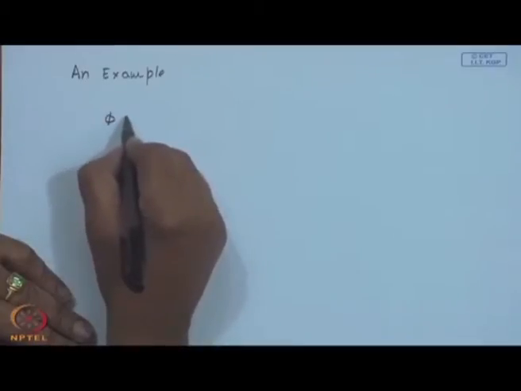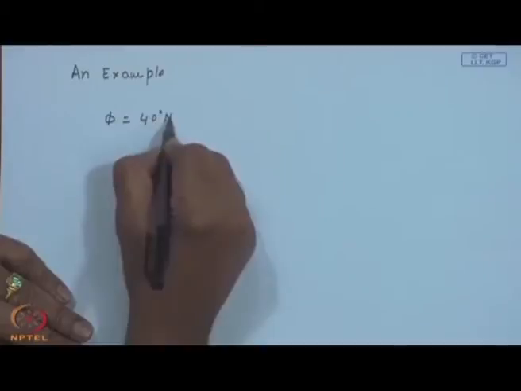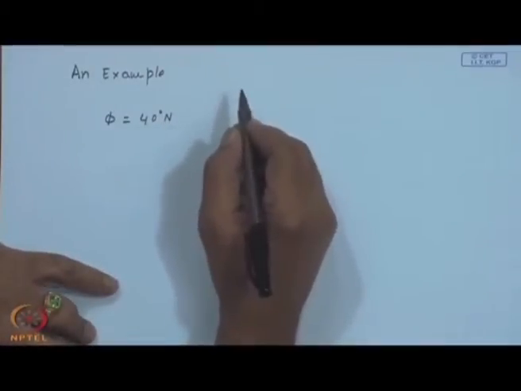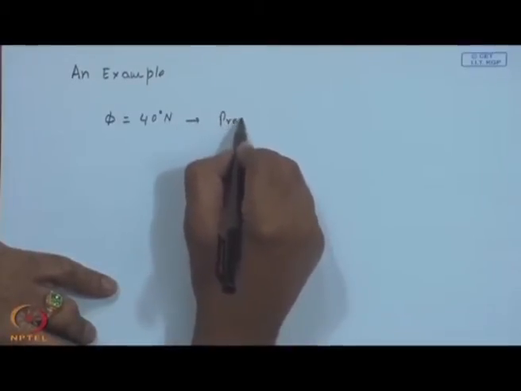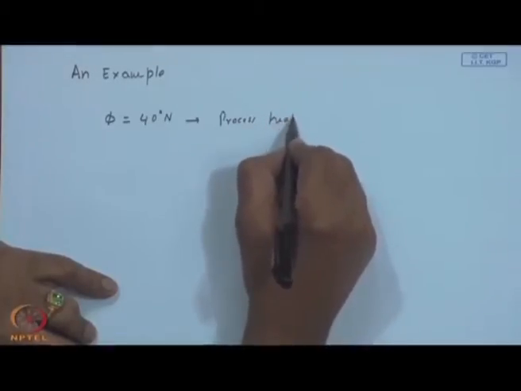The location is at a latitude of 40 degrees N. In fact, this example is from the textbook by Duffie and Beckman, except a few things I have changed here and there, and this is for a process heating system. This is to bring out certain details.